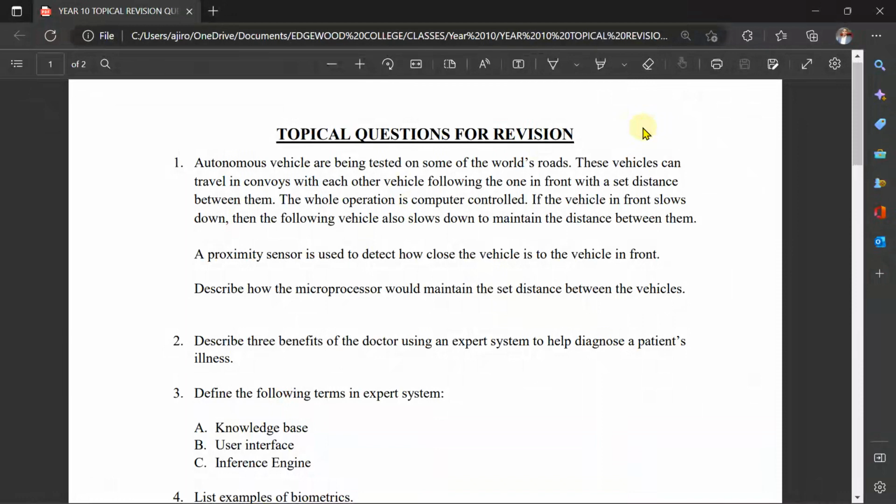Okay, so I have the first question. It said, question 1, autonomous vehicles. Autonomous vehicles are being tested on some of the world's roads. This vehicle can travel in convoys with each other, each vehicle following the one in front with a set distance between them.